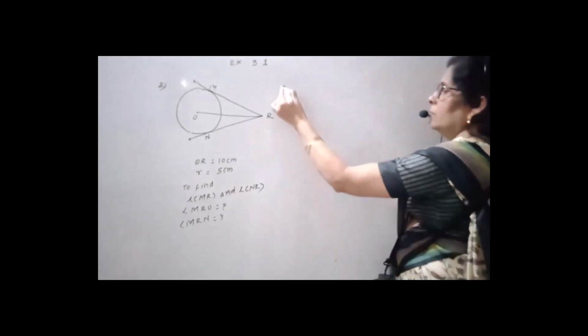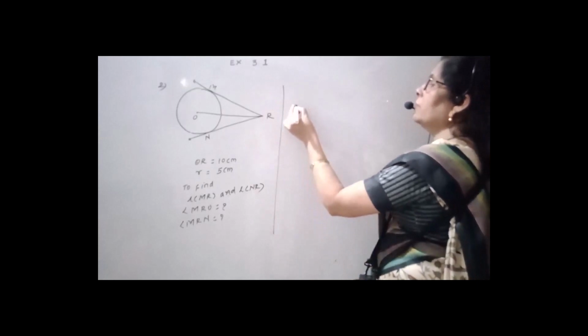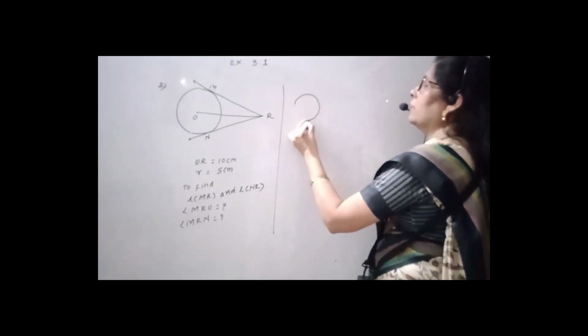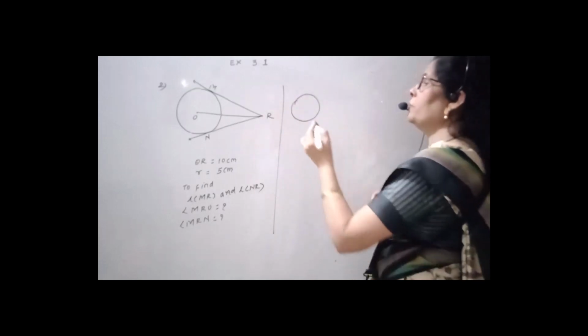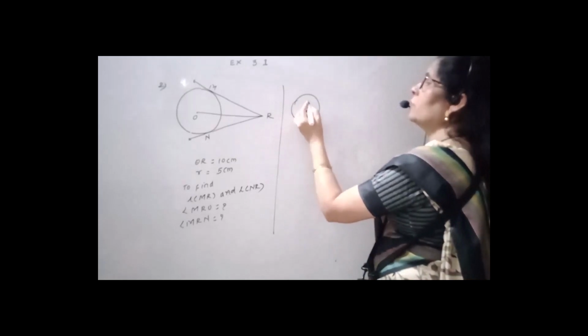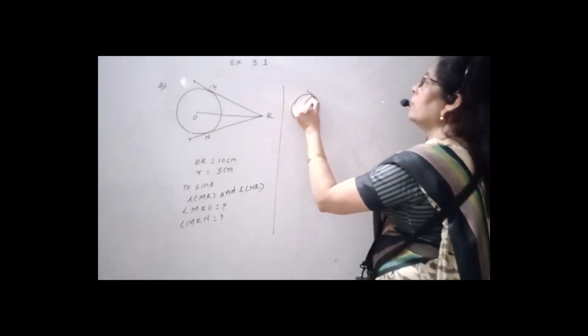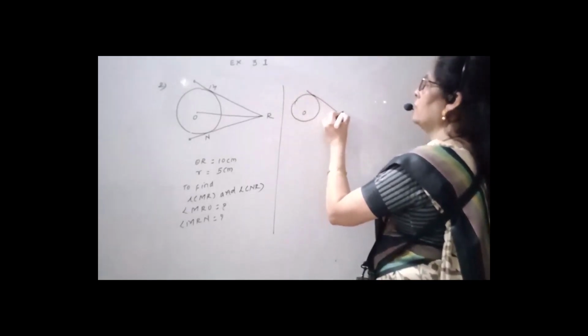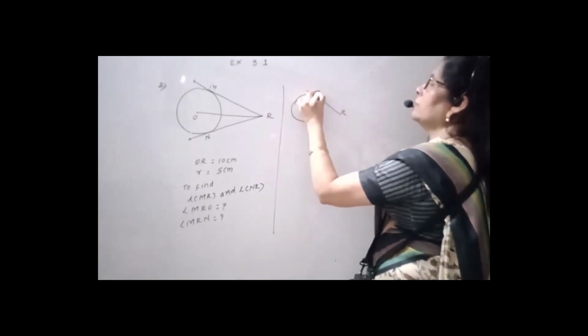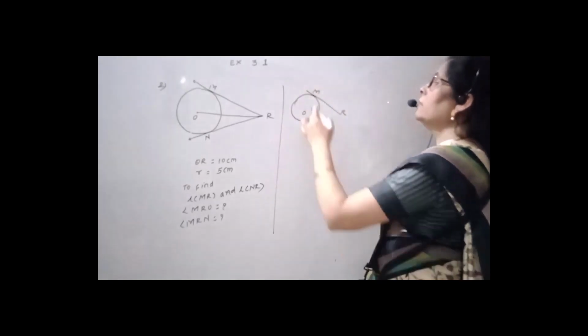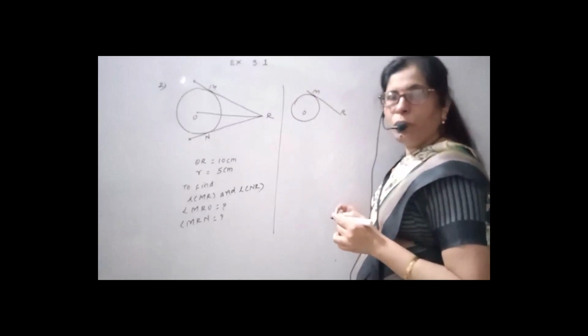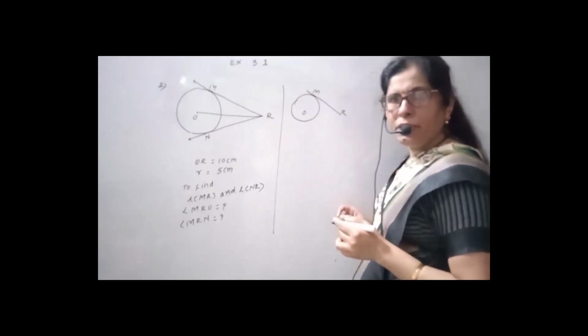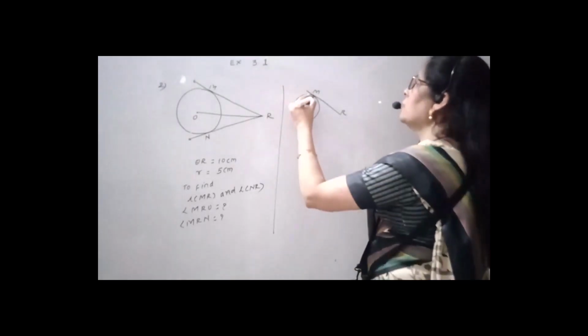Okay, now I will draw another figure here. I will draw half part of the figure. O is the center, no problem. MR is the tangent. M is the point of contact.